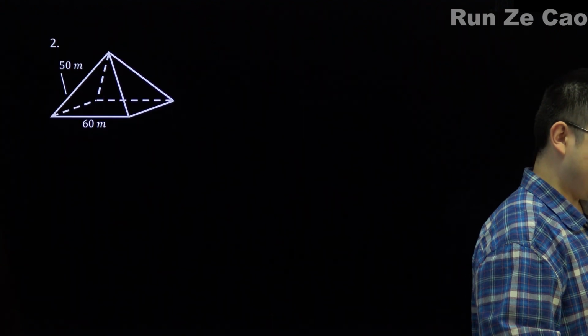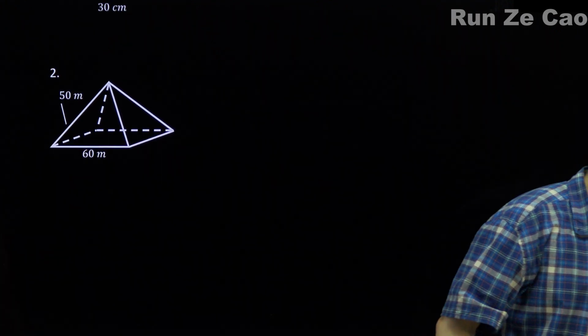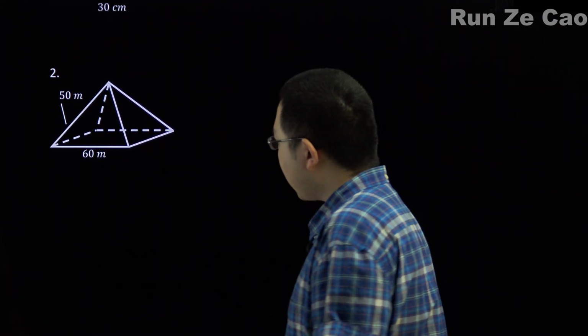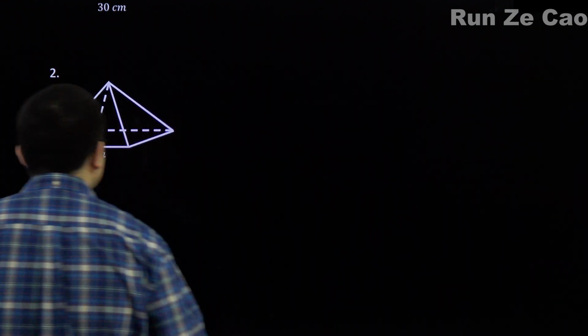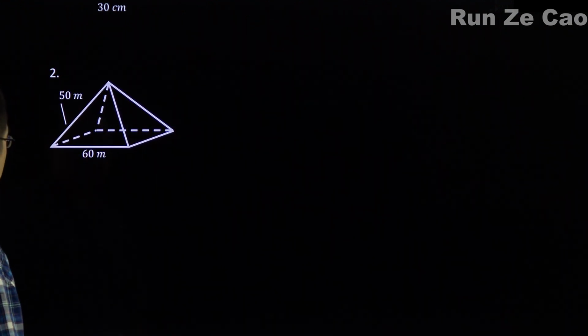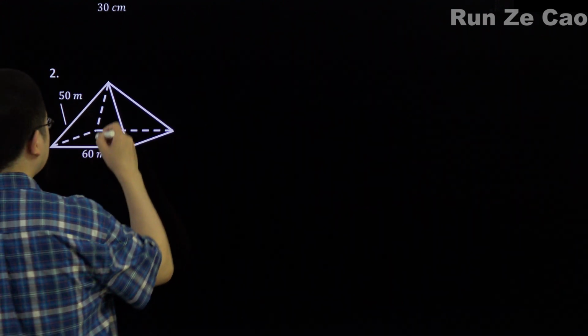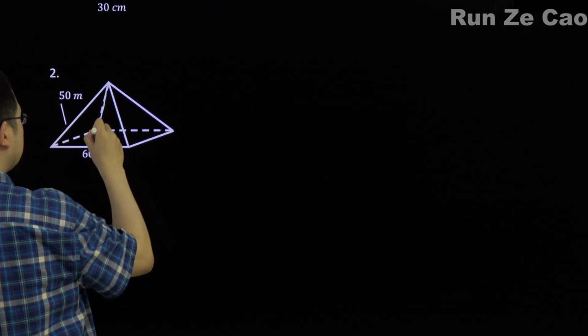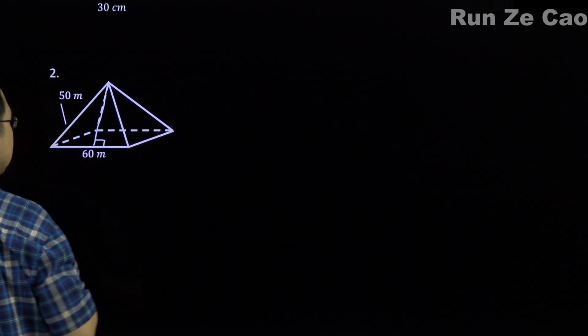Right, here we have one that has a 50-meter edge and a 60-meter base side length. What does that mean in terms of the Pythagorean theorem to find the slant height that we need?